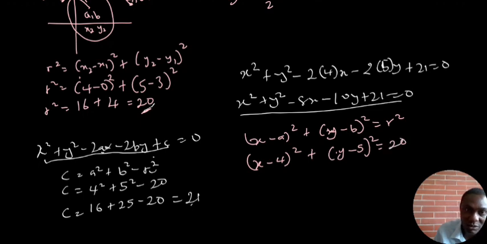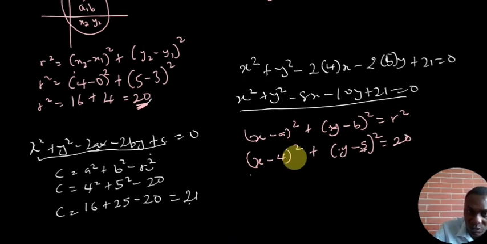The value of r squared is 20. So I'm going to expand this. I'm going to multiply this by itself, that's x squared. So I'm going to have x squared, then I'll multiply 2 by x by minus 4, that's minus 8x, and I'll multiply 4 by itself, so that'll be plus 16.